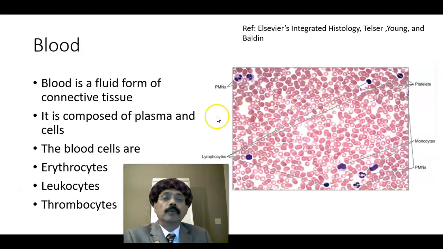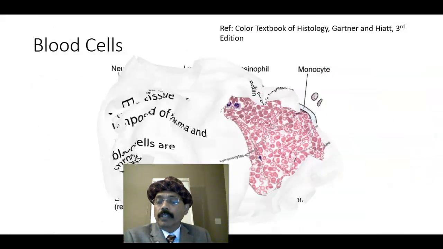Okay, so we got the RBCs, and these are the white blood cells, the polymorphonuclear leukocytes, the monocytes, and we have the smallest member. These are the platelets. Okay, we go to the next slide now.